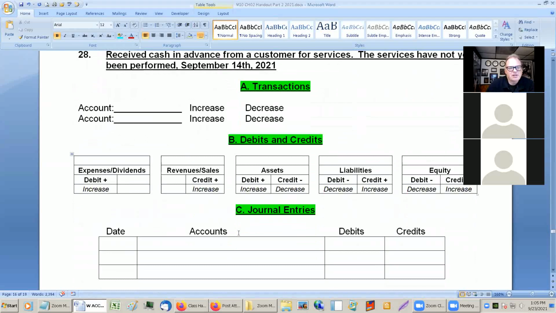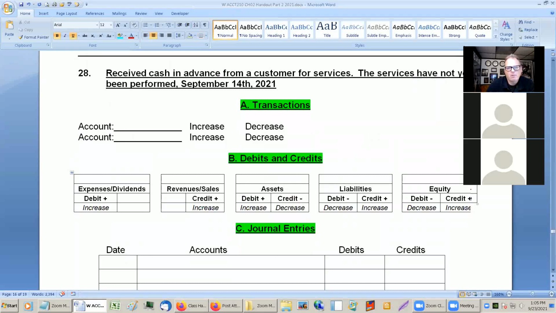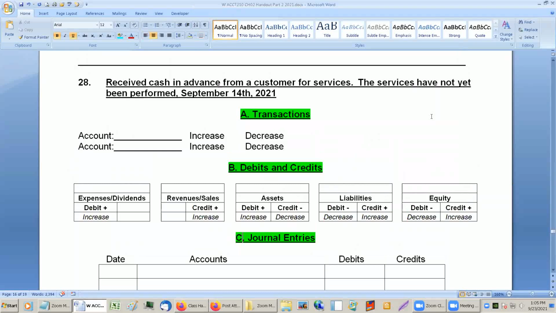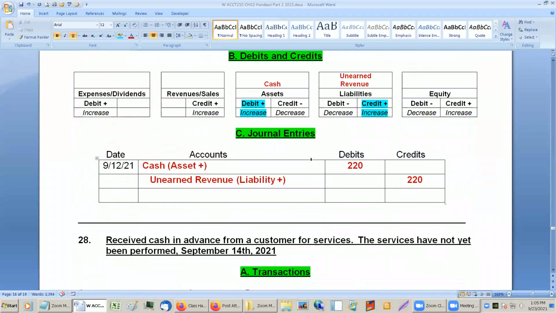This is the same thing. I didn't put a dollar amount in this one. Well, that's going to make it tricky.